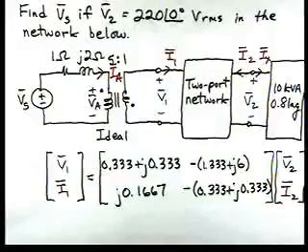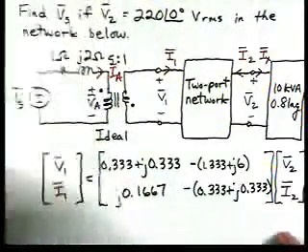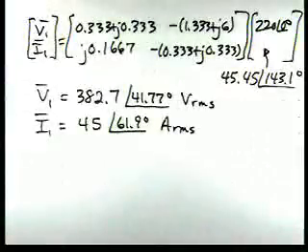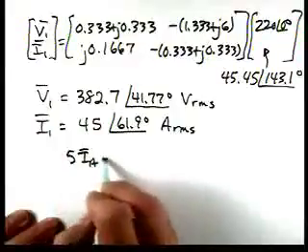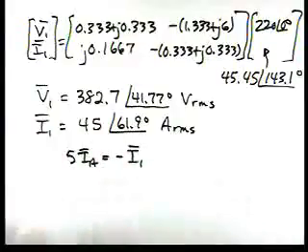If we remember back from our chapter on the ideal transformer, when that's the case, we'll have 5IA equal to minus I1.